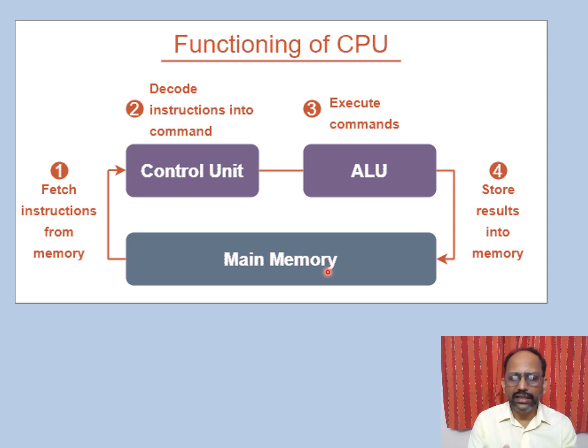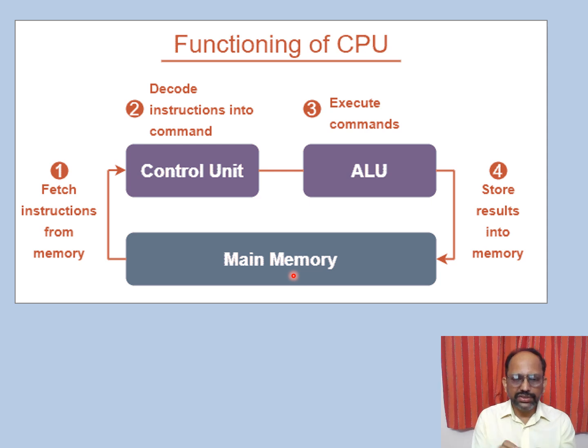Let us understand like this. I want to calculate the total of 6 subject marks of a student. Then I will enter 6 subject marks using keyboard. That data will be stored in the main memory. What is the kind of operation I require on these 6 subject marks? I want to perform addition.